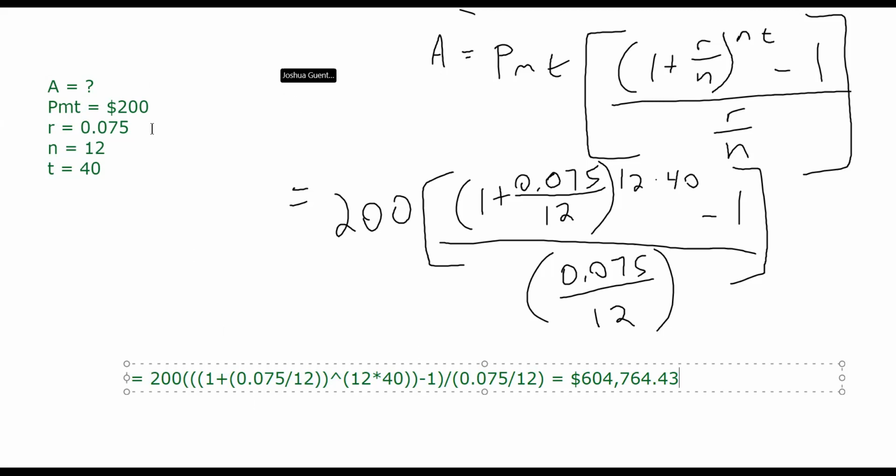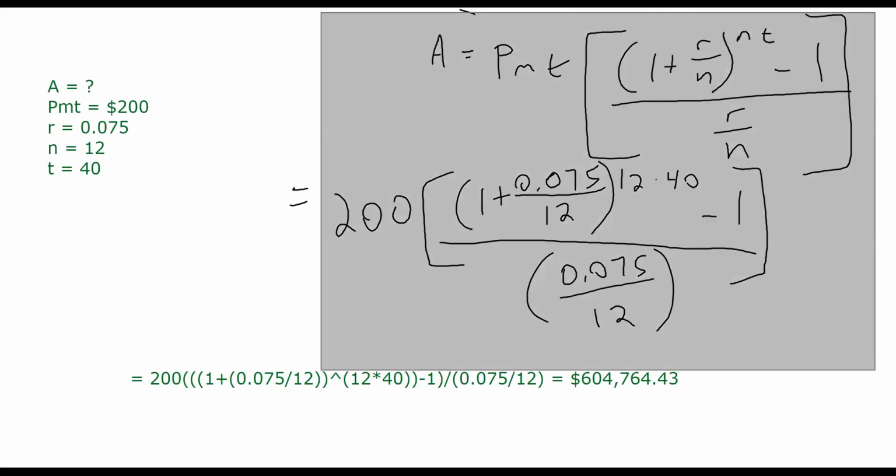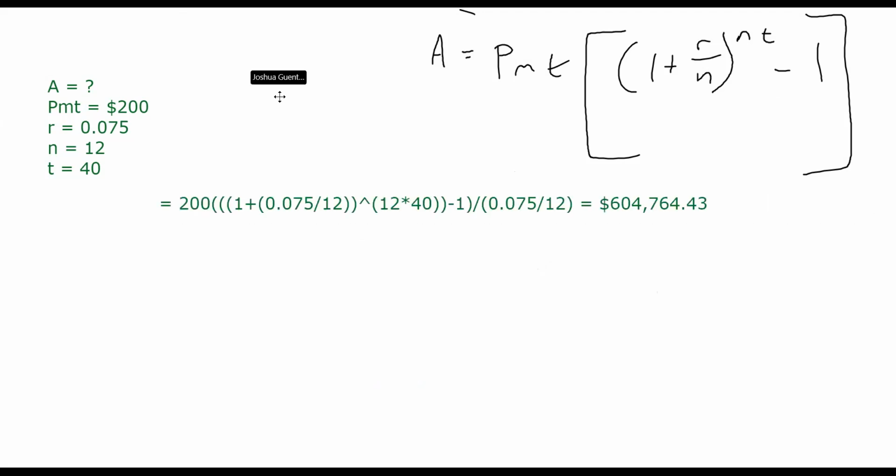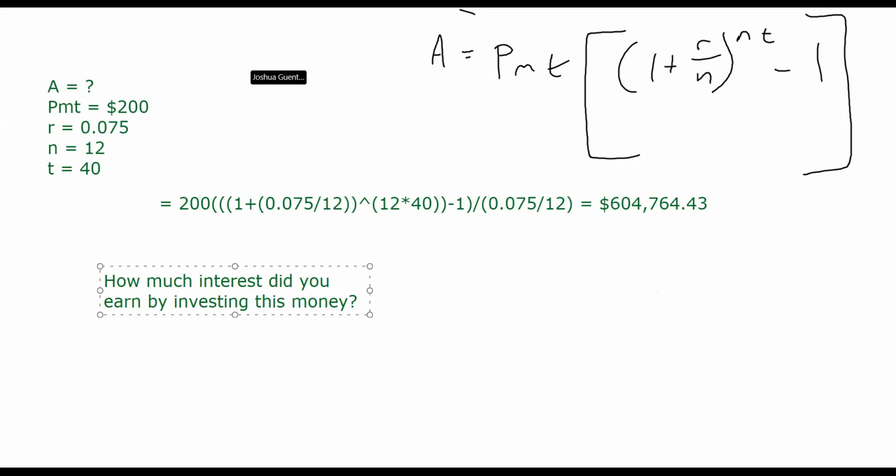a few things to note. So that's us doing it. We've done it. Very good. We use the right formula. Now, how much interest did you earn by investing this money? Because you didn't just put this money under your mattress, so to speak. You actually went out there and you invested it.